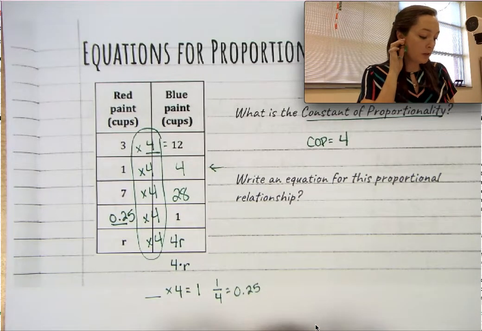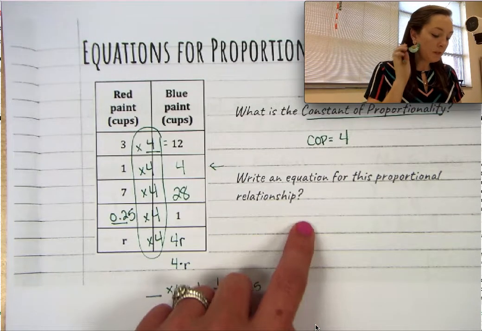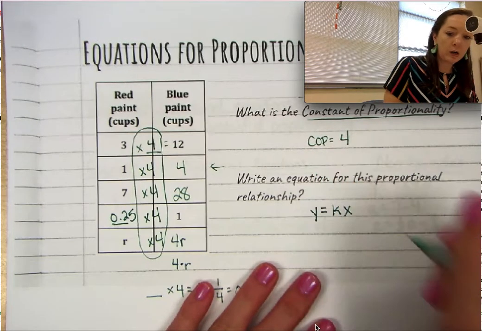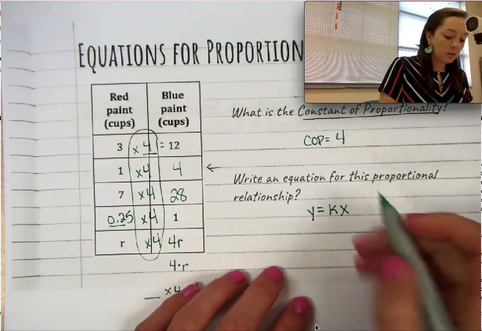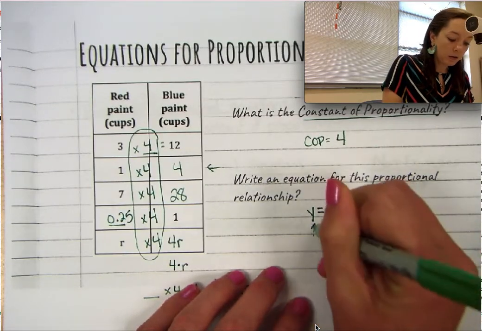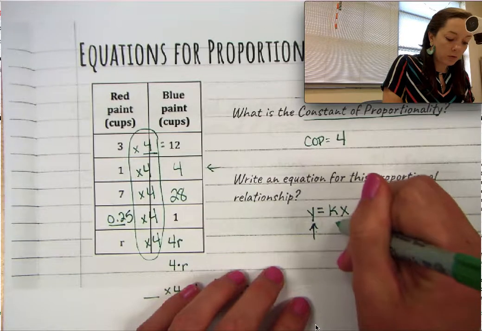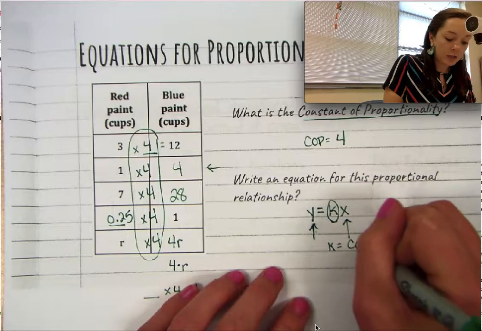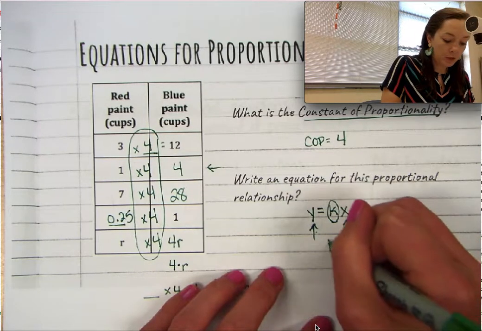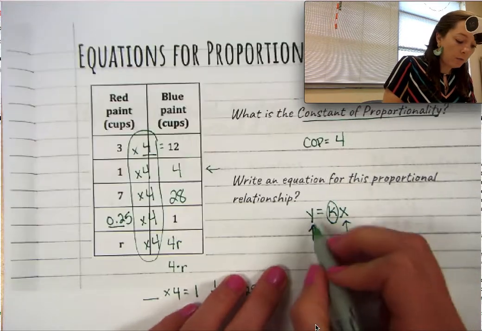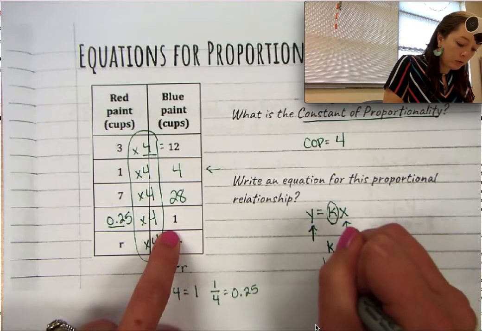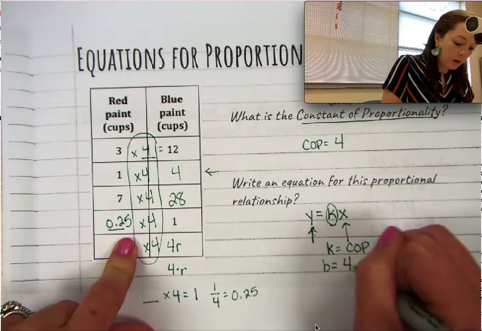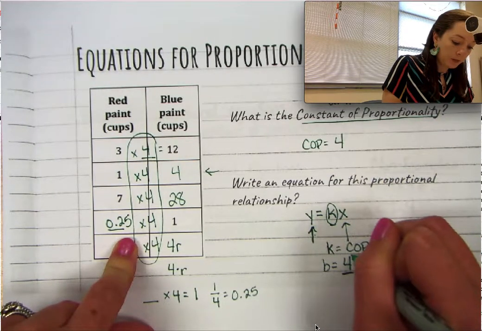Okay? So we're now going to write an equation. And I told you before when we were talking about our learning target, we're looking at an equation that looks like this: something here is equal to k times x. K is your COP, or your constant of proportionality. So my y, my blue, is equal to 4 times my R, because my COP is 4.